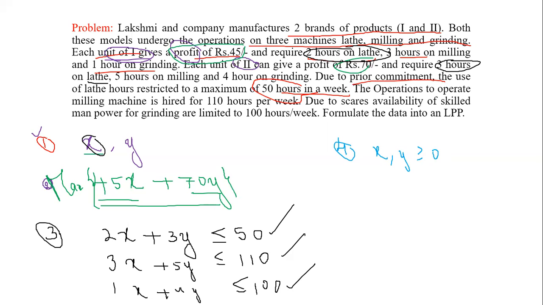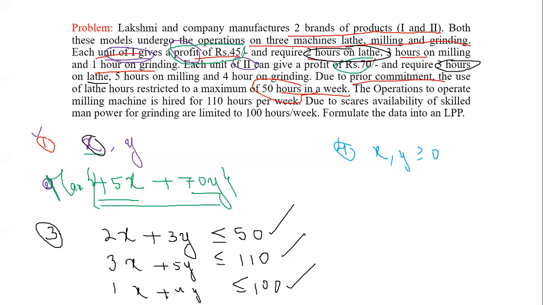Most of the problems are linear in nature. If you take complex problems, you will get nonlinear equations. But all these manufacturing related problems, advertisement related problems, transportation related problems or assignment related problems are linearly related.